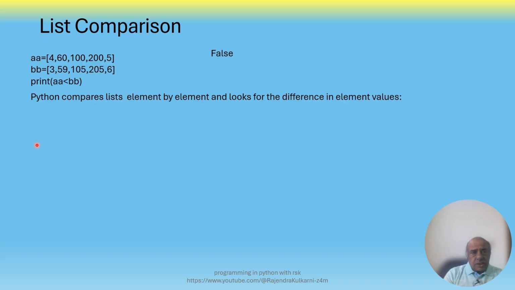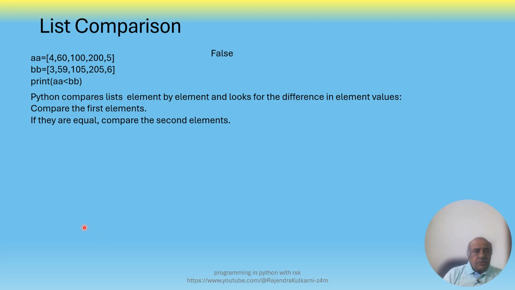We can see here elements 2, 3, 4 of AA really have values less than 105, 205 and 6. But at the first instance, when it finds that AA is not less than BB for element 0 of AA and BB, the output is false and it stops the search.